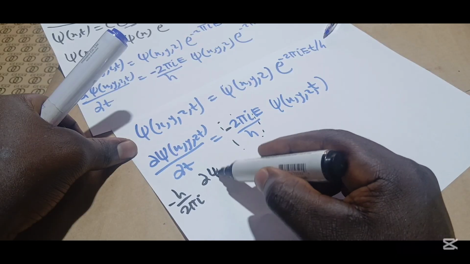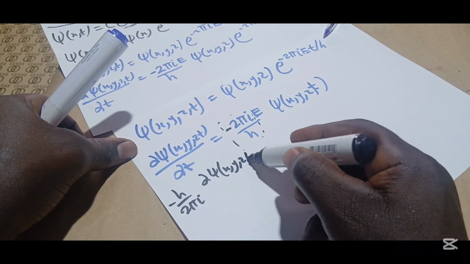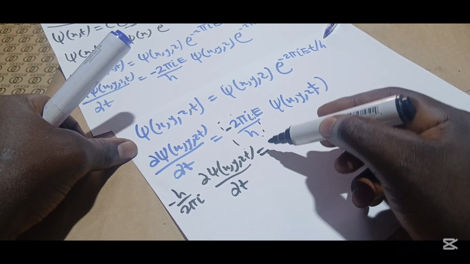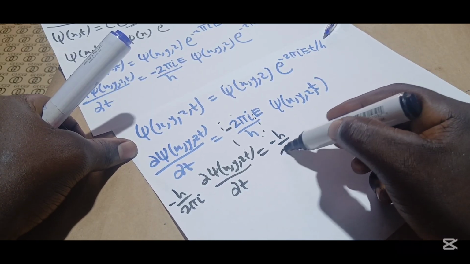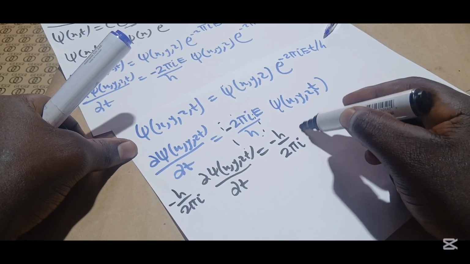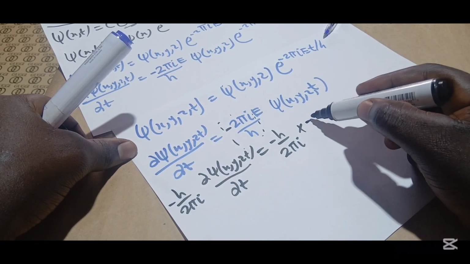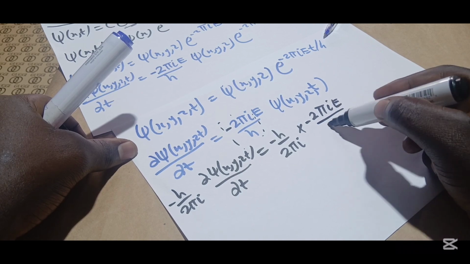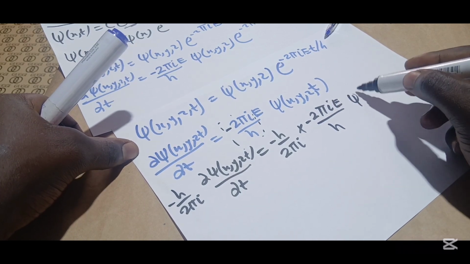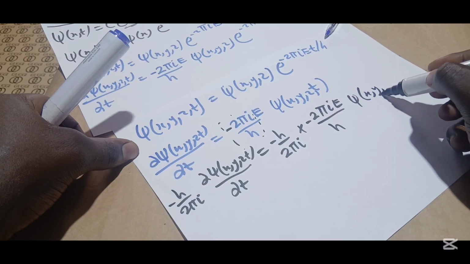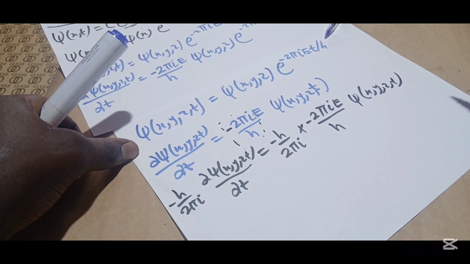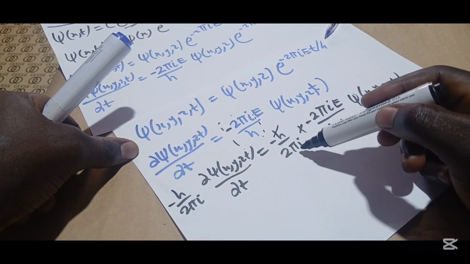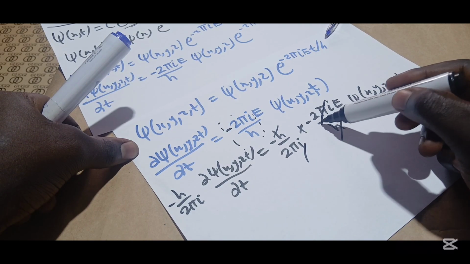So d psi of x, y, z, t over dt should be equal to minus h over 2 pi i multiplying minus 2 pi i E over h psi of x, y, z, t. You can see that this h will take care of that h, and 2 pi i will take care of 2 pi i here.